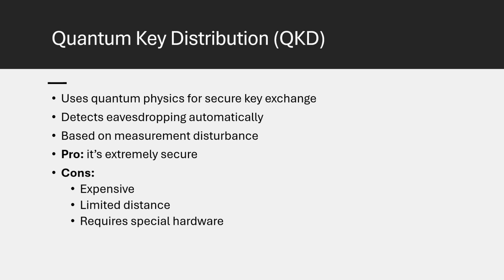So he's only receiving part of them correctly. The ones that were guessed wrong were lost. Their state collapsed.